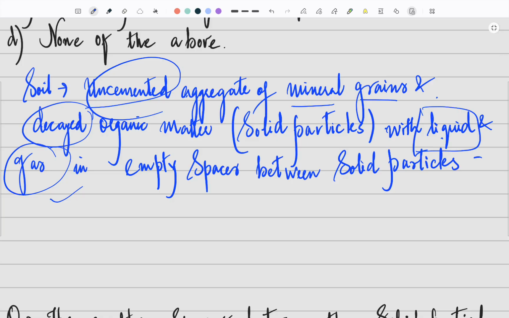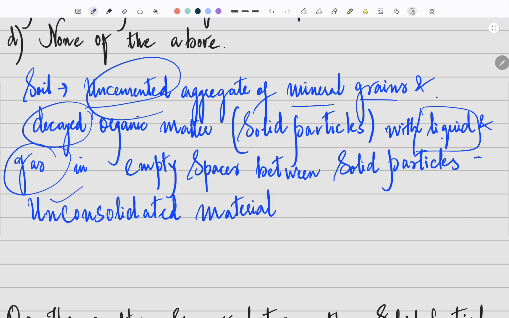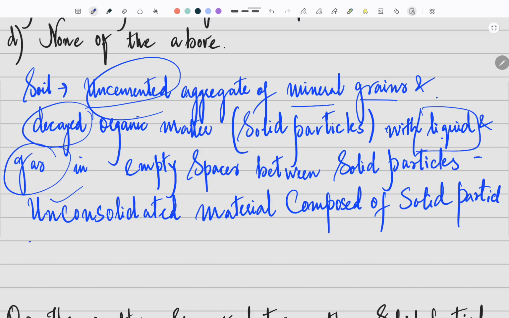Also, we can say that soil in soil engineering is defined as an unconsolidated material which is composed of solid particles produced by the disintegration of rocks.